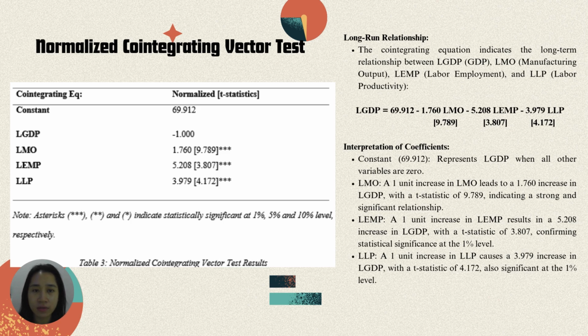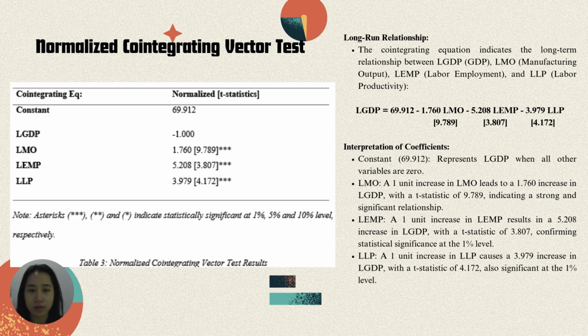Now look at the normalized cointegrating vector, which identifies the long-term relationship between LGDP, LMO, LEMP, and LLP, where the constant represents the LGDP when all variables are 0. A 1 unit increase in LMO increases the GDP by 1.760 units with a strongly significant t-statistic equal to 9.789.